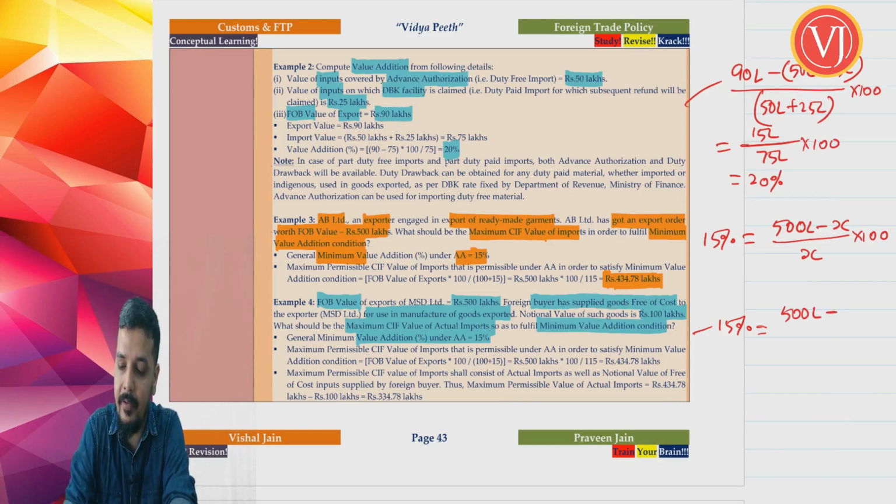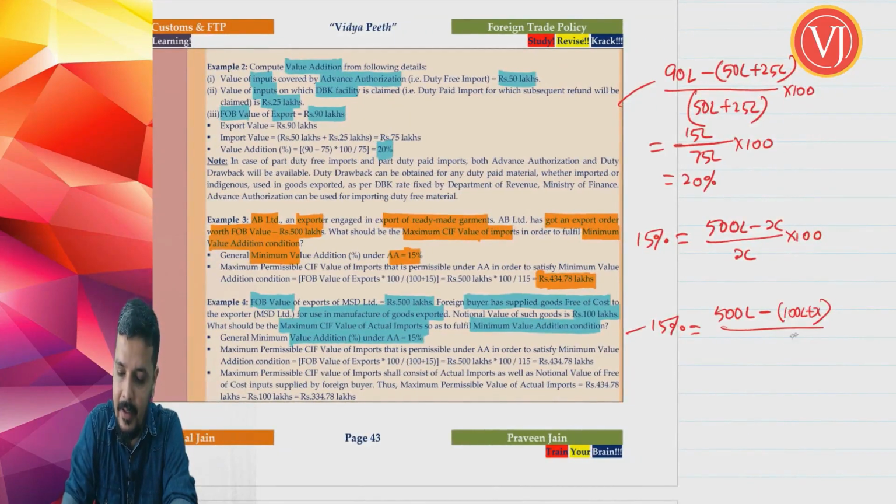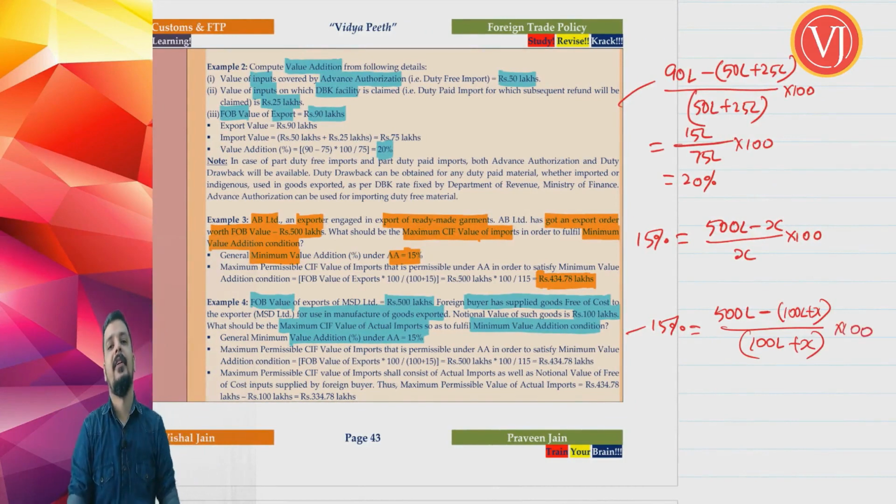Minus, friends, now the import value is not X, it is 100 lakhs, because you are talking about free samples imported. 100 lakhs plus X, divided by 100 lakhs plus X import value, multiplied by 100. See, once you have seen the concept, it is very simple. Now you have to do your cross multiplication and use your mathematics and find out X.